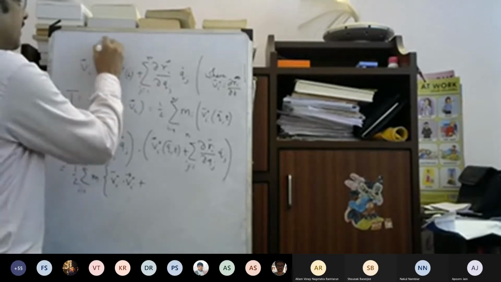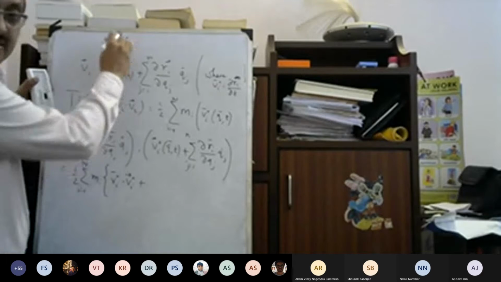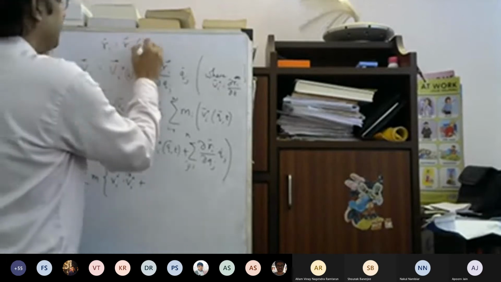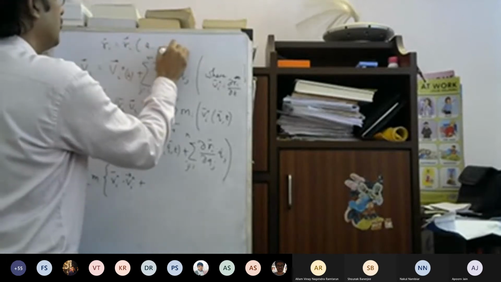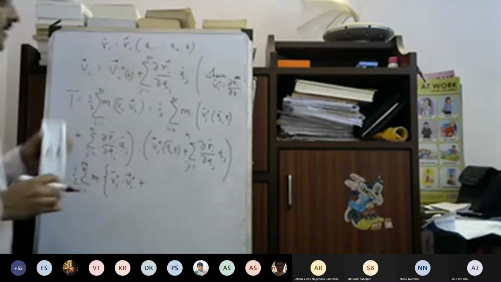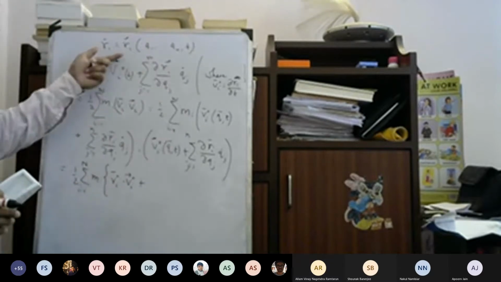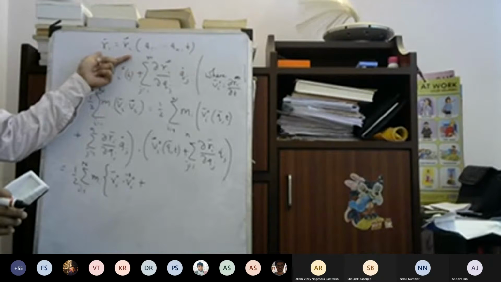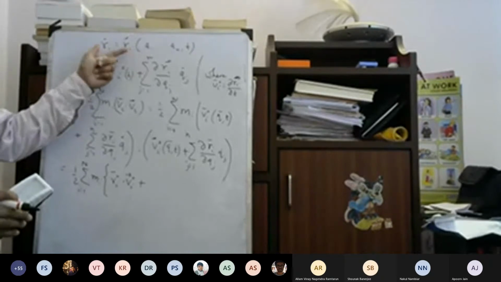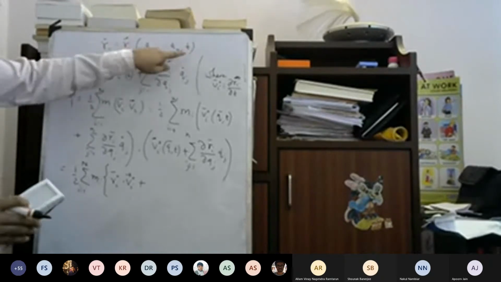Ri is a function of q1, q2, qn, and t. Now, if you want to take the time derivative, then what will be the total time derivative? Chain rule applies.